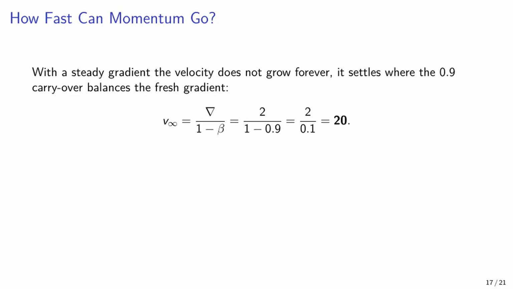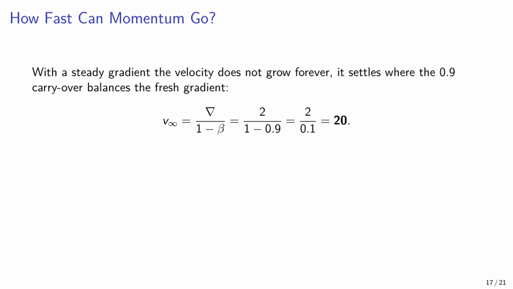So how fast can it go? With the steady gradient, the velocity does not grow forever. It settles where the 0.9 carryover balances the fresh gradient. That limit is the gradient over 1 minus beta, which is 2 over 1 minus 0.9.